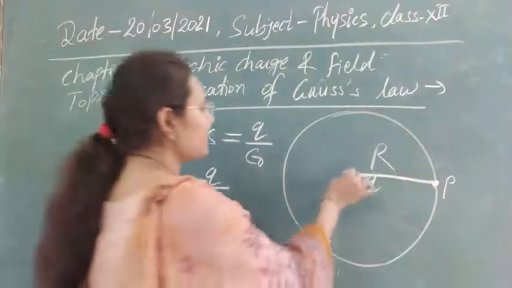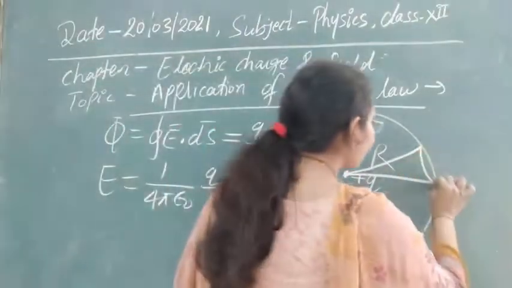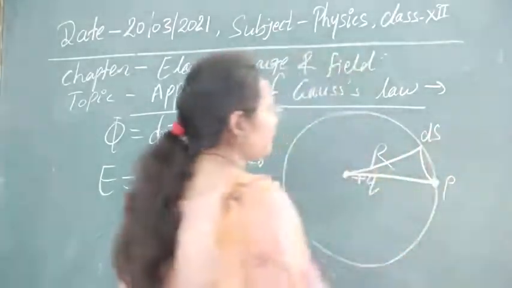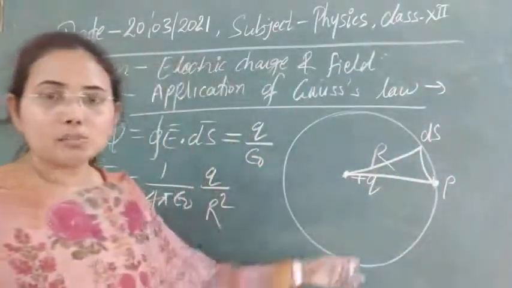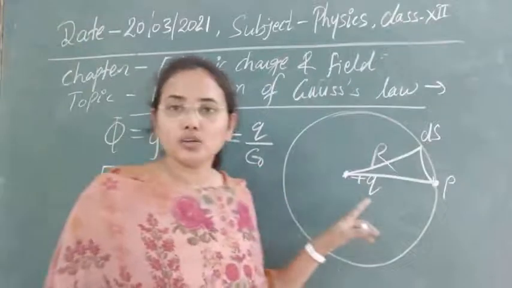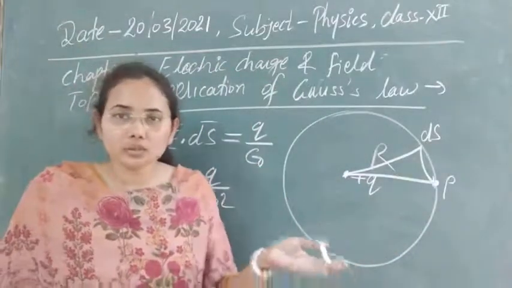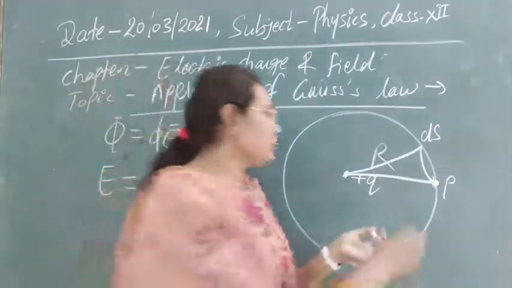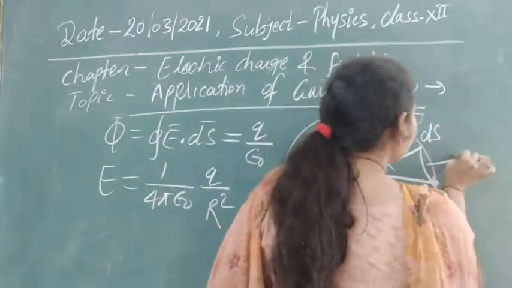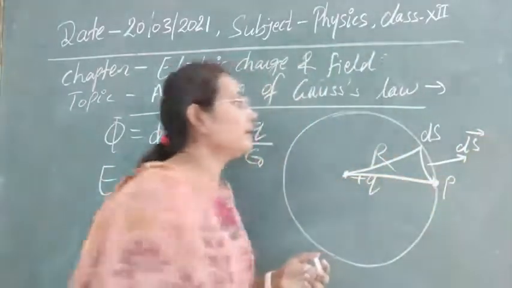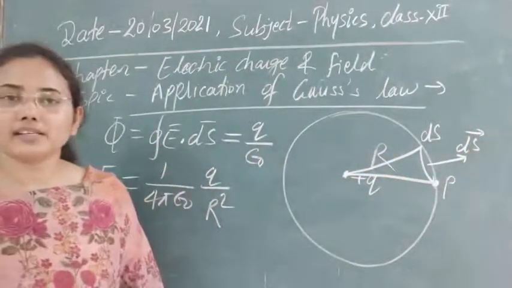Before expanding it, suppose we take a small area ds on this spherical surface. For this small area ds we can draw the area vector. You know that the area vector is in the direction normal to the planar area. So this is the planar area and this is the direction normal to it, which means the area vector is in this direction. This is the direction of ds.